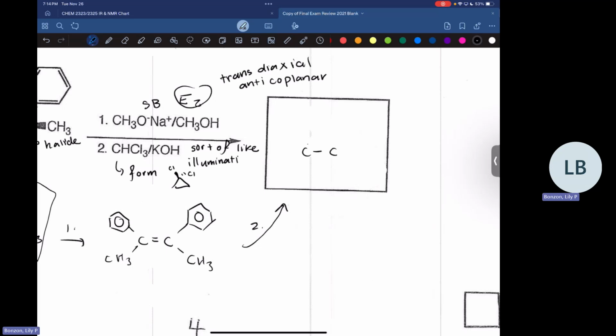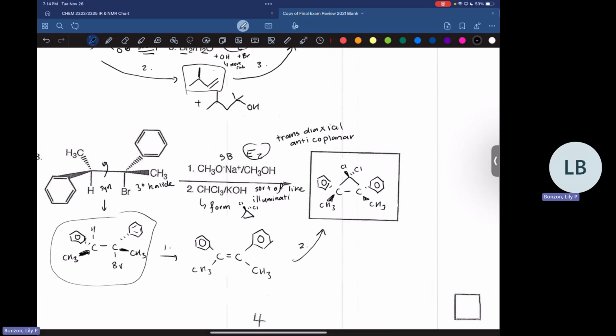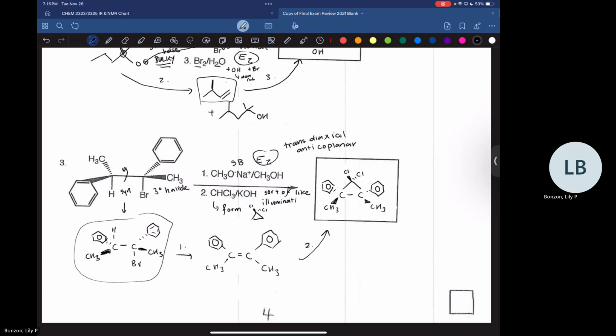We have our carbons that were in the double bond, and then we have our chlorines. And then we just had our other groups, and the stereochemistry will stay the same. Yeah, that's fine too. The important part is the benzenes and the methyls.